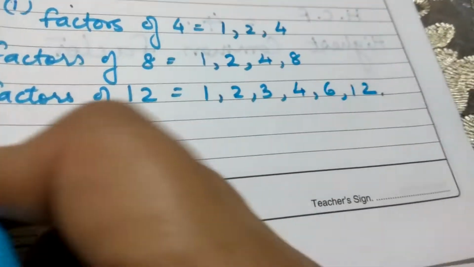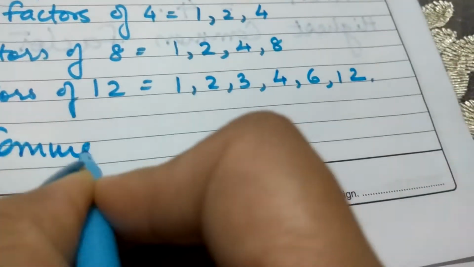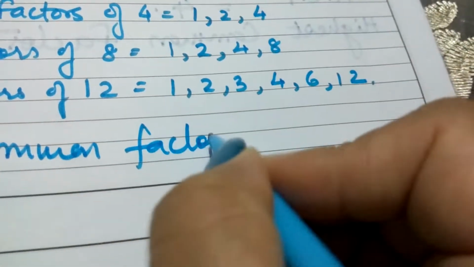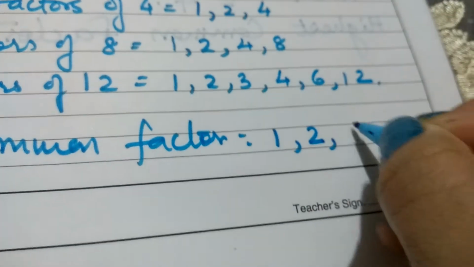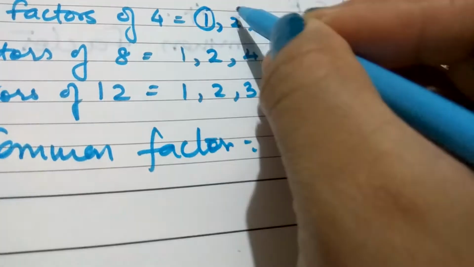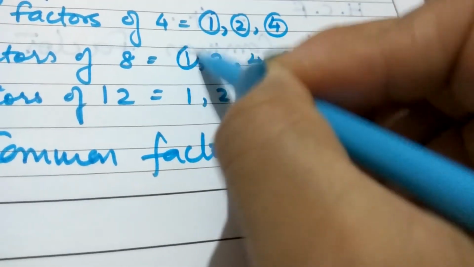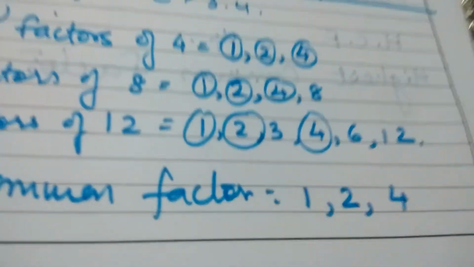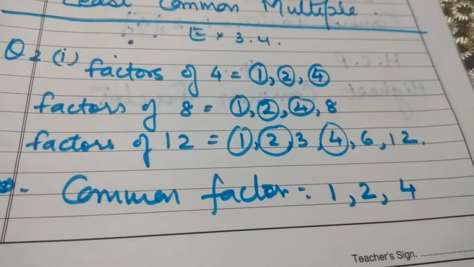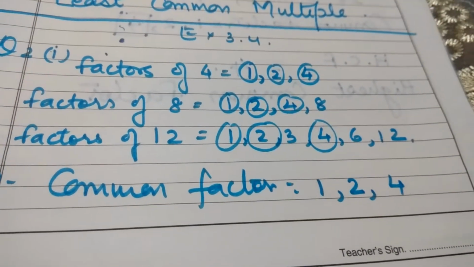Out of this, when we find the common factors, it will be 1, then 2 and 4. As we can see, 1, 2 and 4 are coming in all of these three numbers. So this is how we find the common factors for three given numbers.